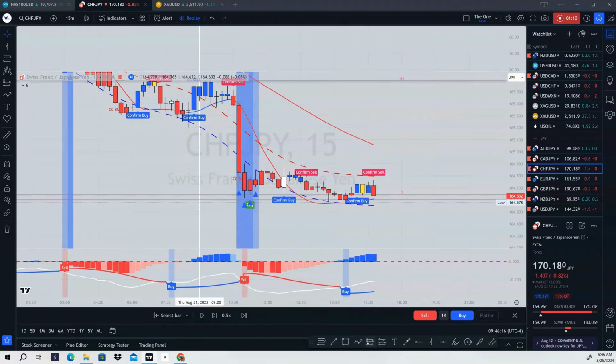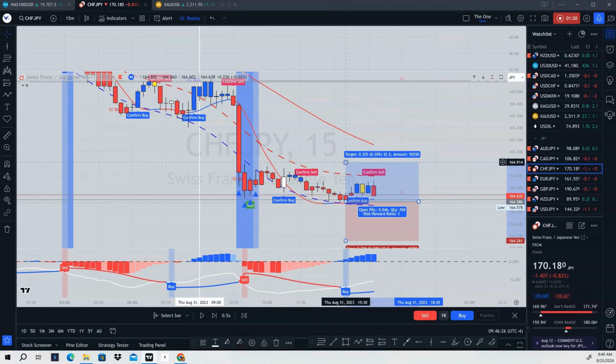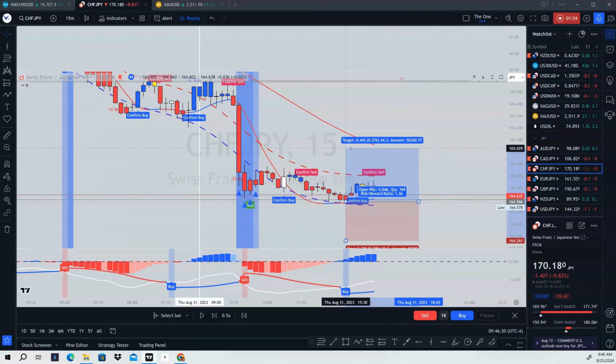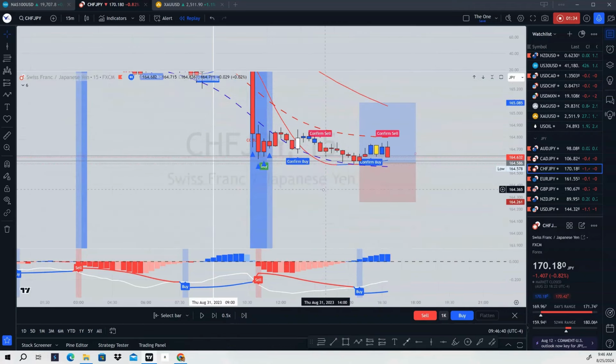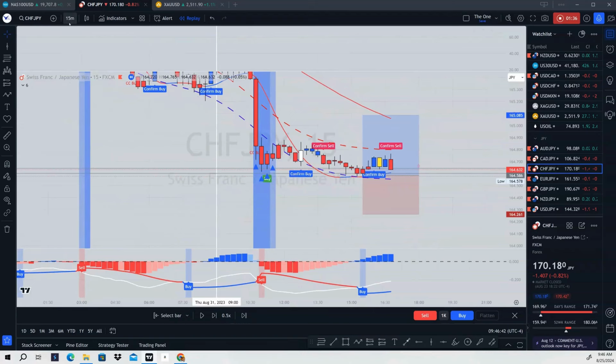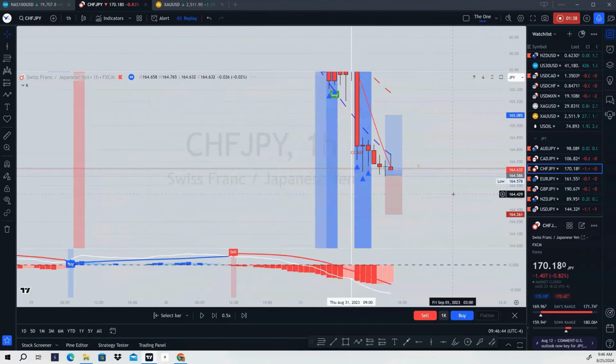Okay, so let's go ahead and test this theory out. MACD gave us a buy signal here. Okay, and we're going for what? Let's go for 50 pips. Because we have more than one time frame in alignment. So let's go back to the 1 hour. You can watch this play out.